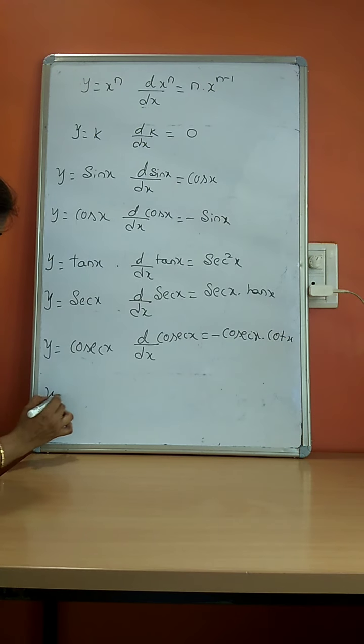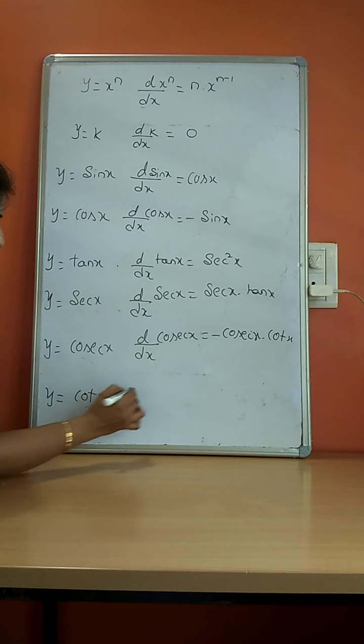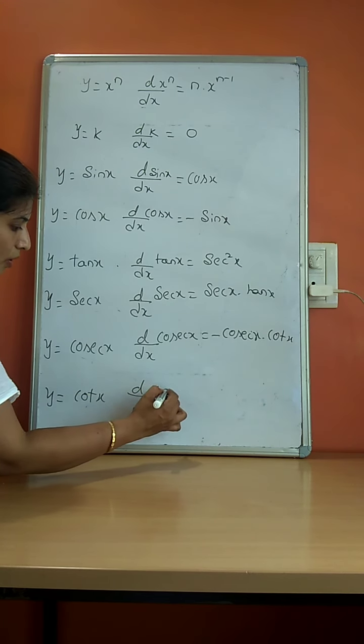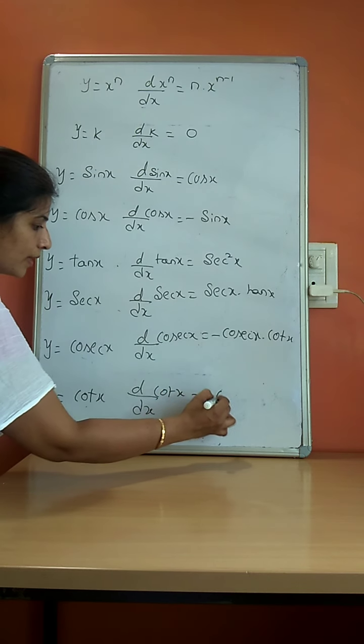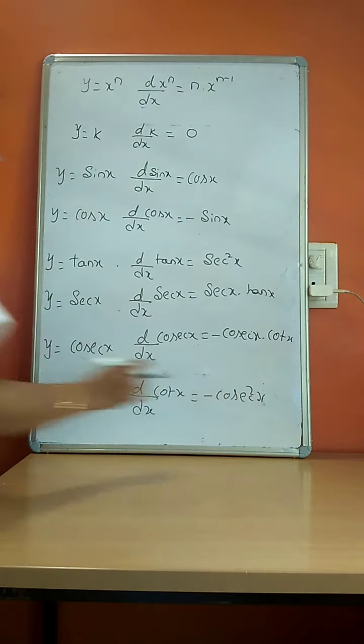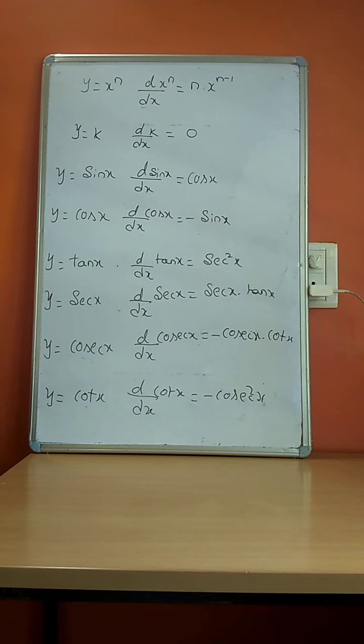Similarly, y is equal to cot x, d by dx of cot x is minus cosecant square x. These are very important formulas. You have to remember and recall them every day.